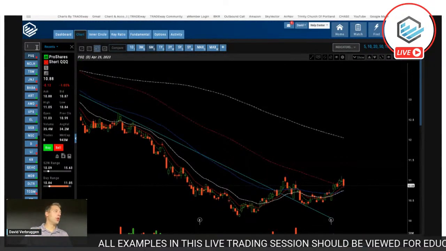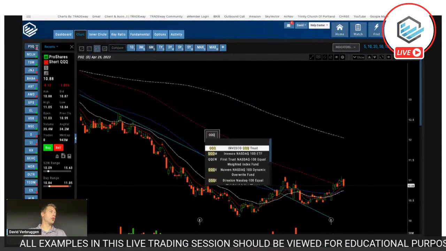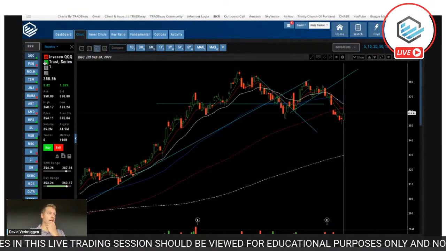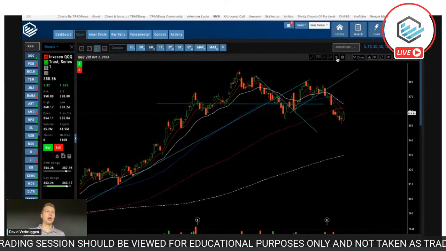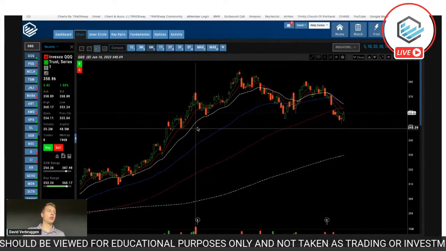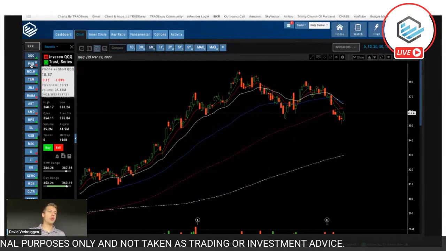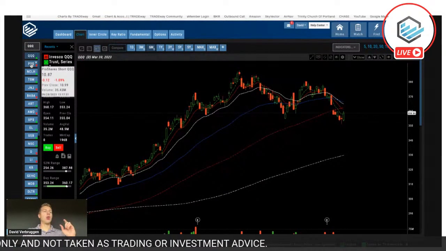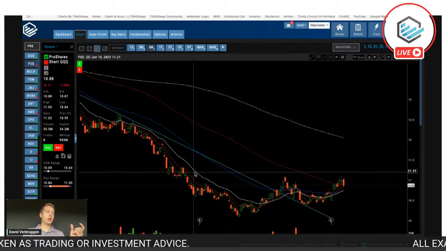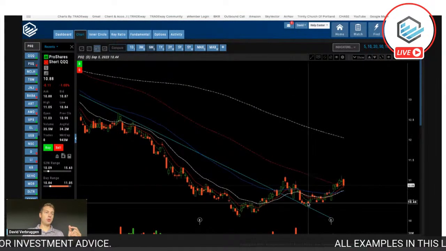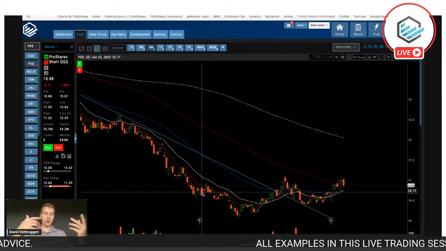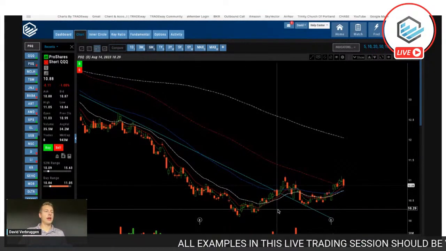Okay. So let's look at QQQ just to compare and contrast here. Let me hide the lines just to make that a little more clear. So here's QQQ. And if I click on PSQ, it is going to be the exact opposite. So you can see now you have more of a W action going versus what was that M action there, right?